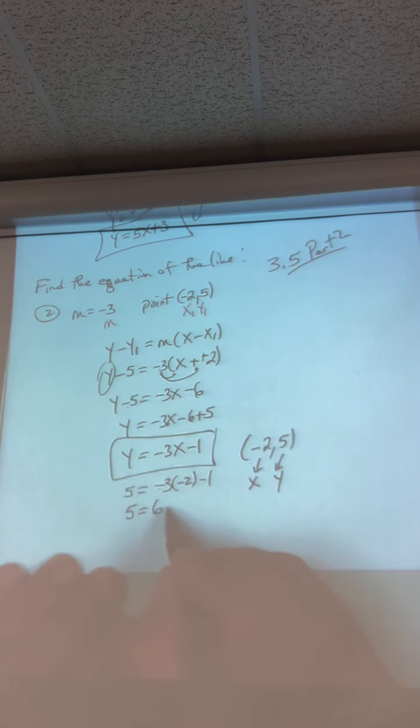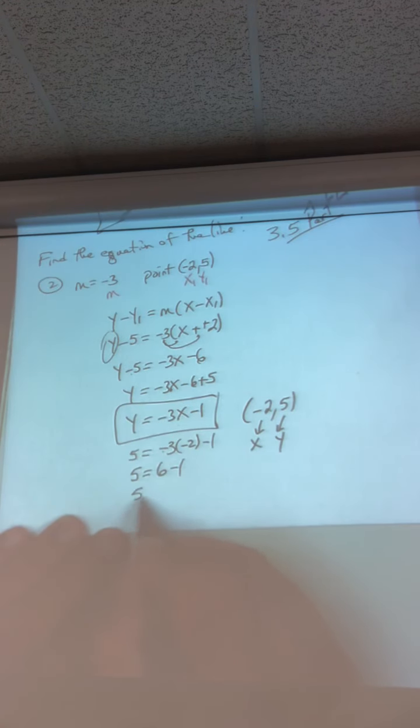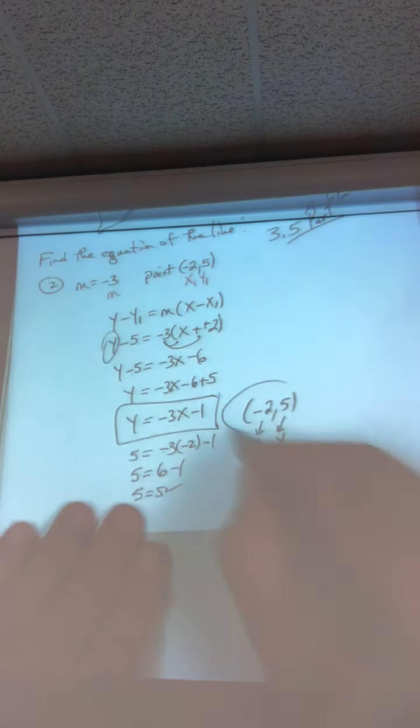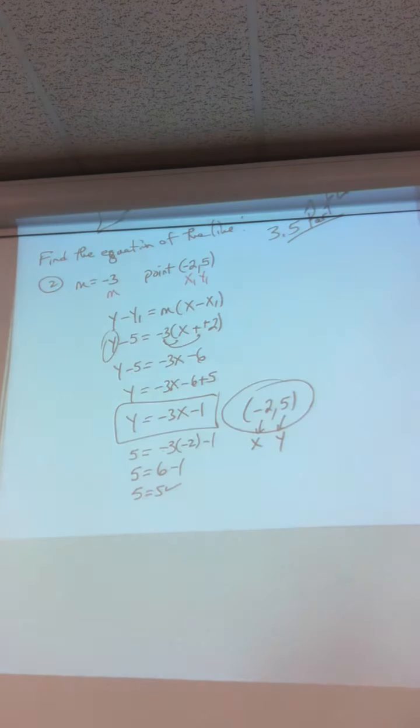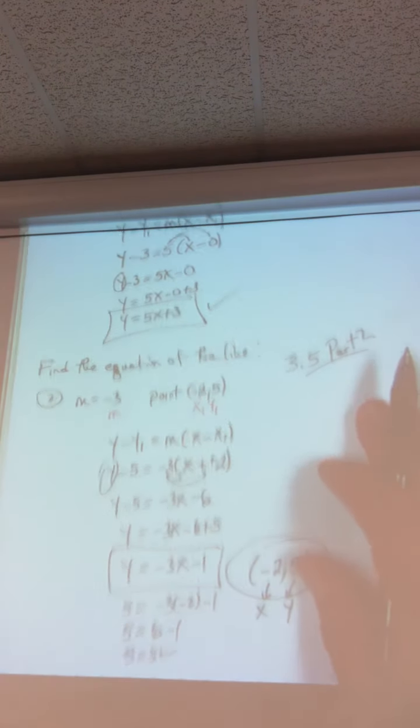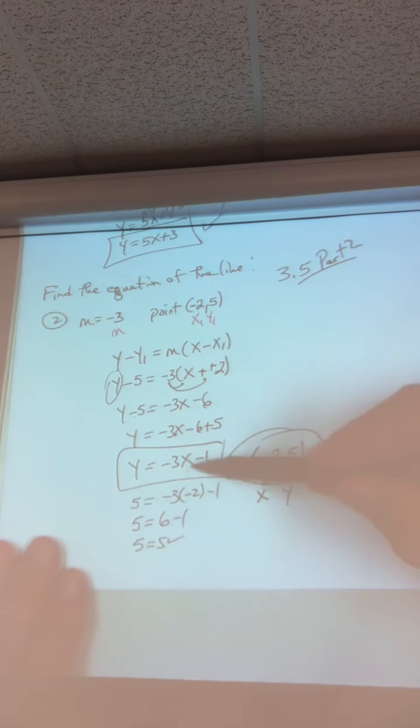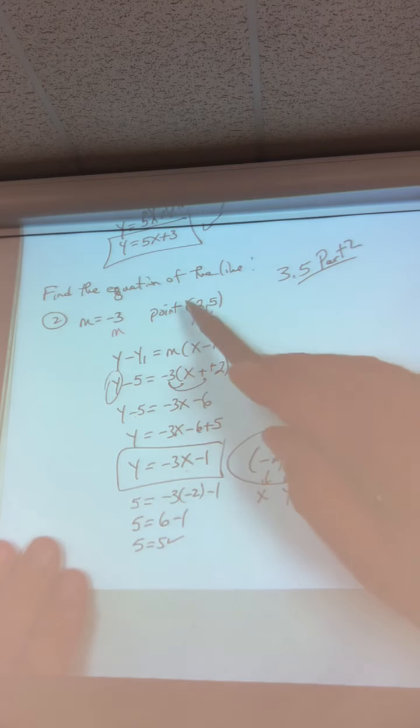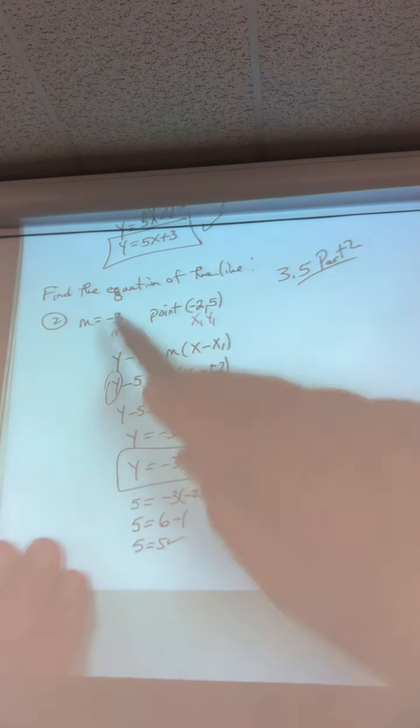That's a +6 minus 1. And that's 5 equals 5. That does work. So that is a solution to that problem. So what that means graphically is if you graph this line, it goes through that point. So what we have done is we have found the equation of a line that goes through this point that has this slope.